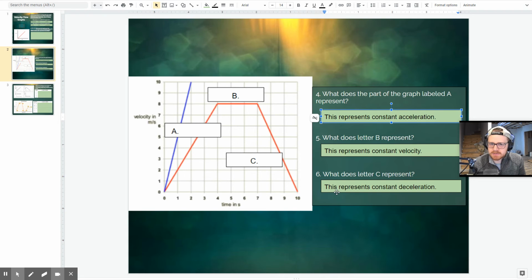Now, especially with my actual physics class, I don't typically categorize this as deacceleration. Is it deacceleration? Yes, it is. I just don't like using that term because we work a lot with directions, especially in two-dimensional motion.